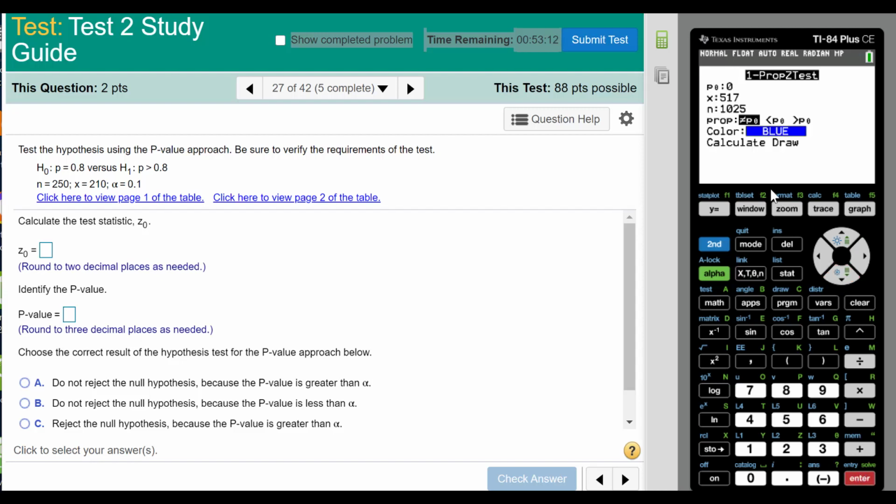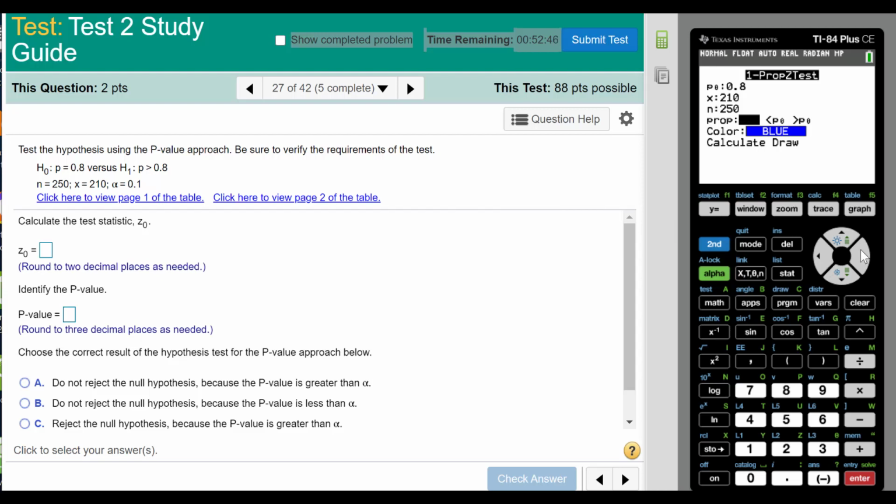Enter. Okay, p0, you enter the value in the null hypothesis, which is 0.8. x is the smaller value, which is 210. n is 250. Proportion, okay, what's the sign in the alternative?